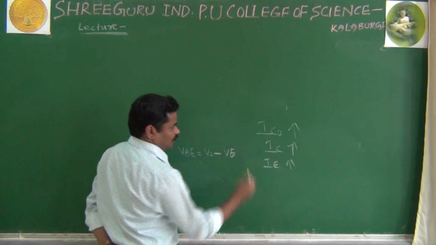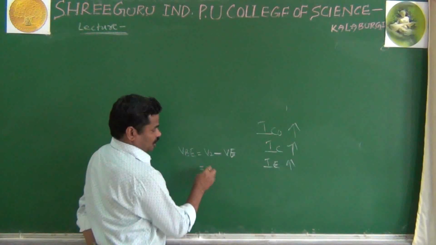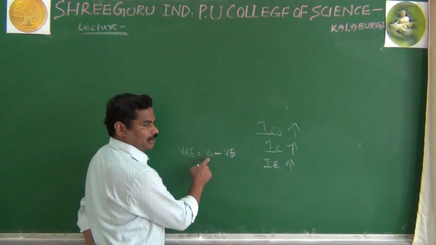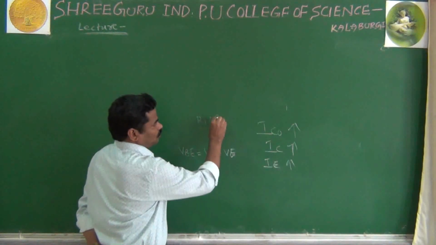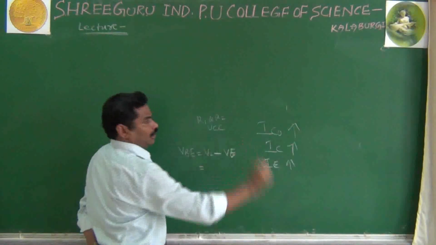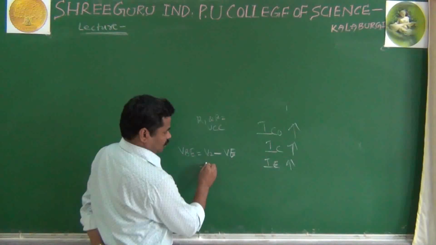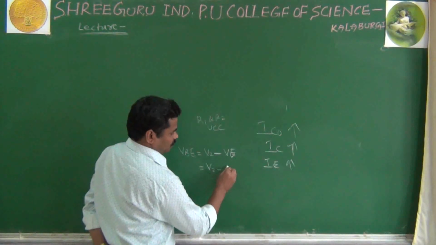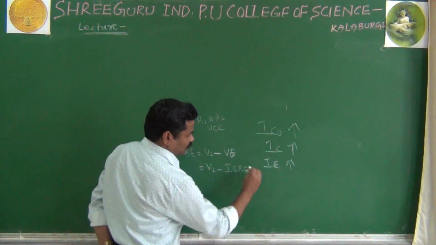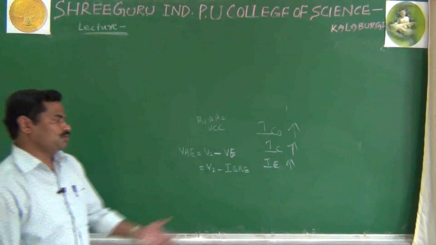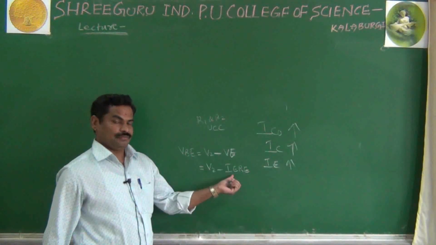Here V2, as I said yesterday, is independent of the current. It depends only on R1, R2 and VCC. It does not depend upon the current. But VE is nothing but IE into RE according to Ohm's law. So the voltage across the emitter increases.